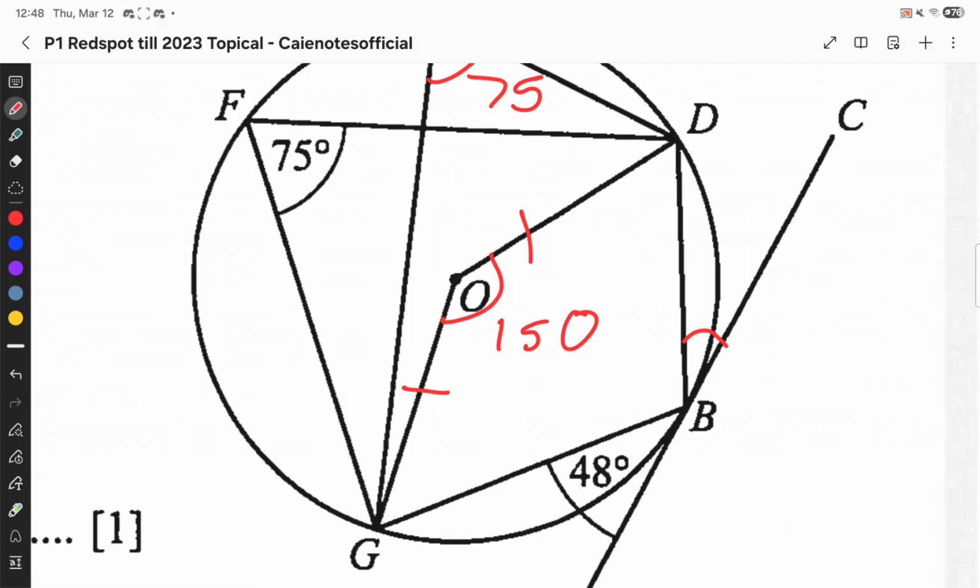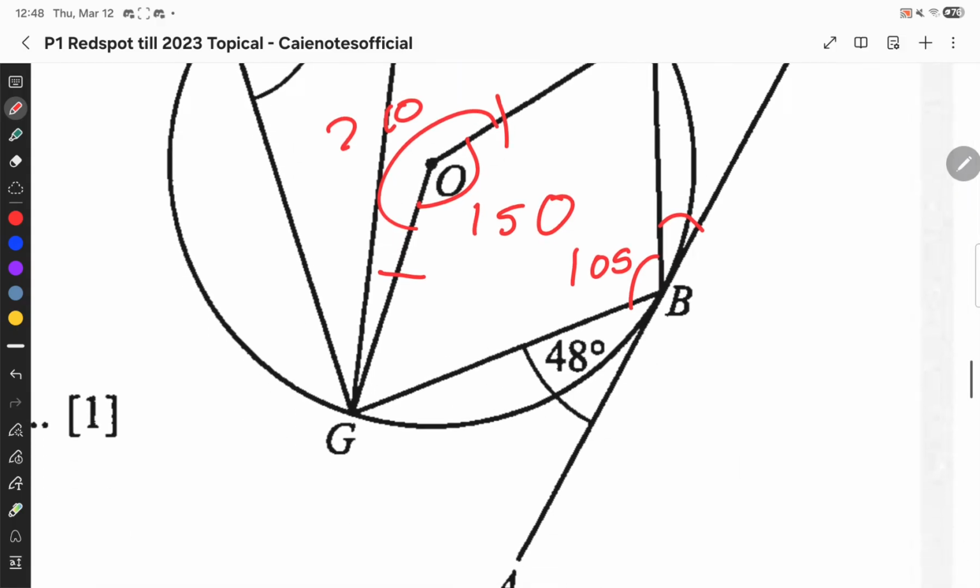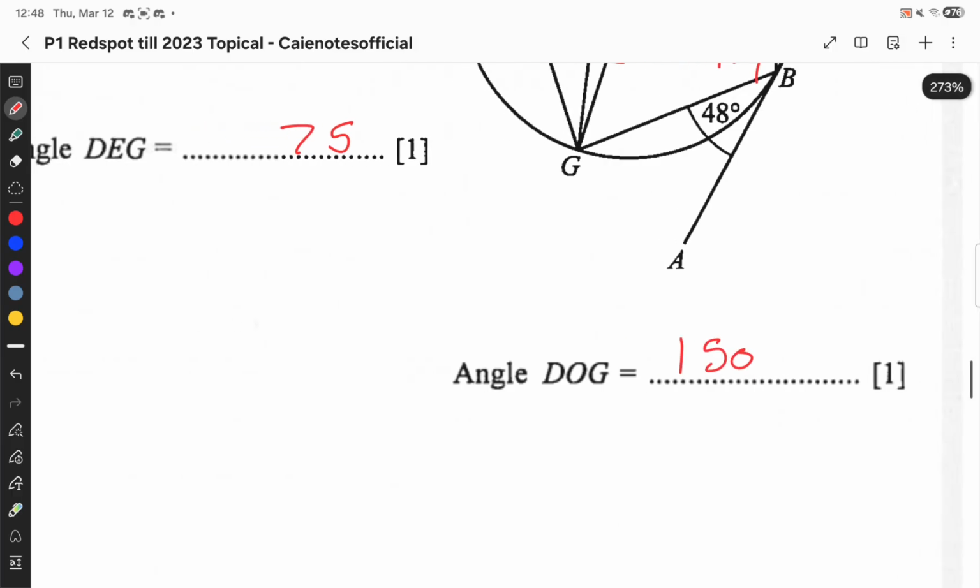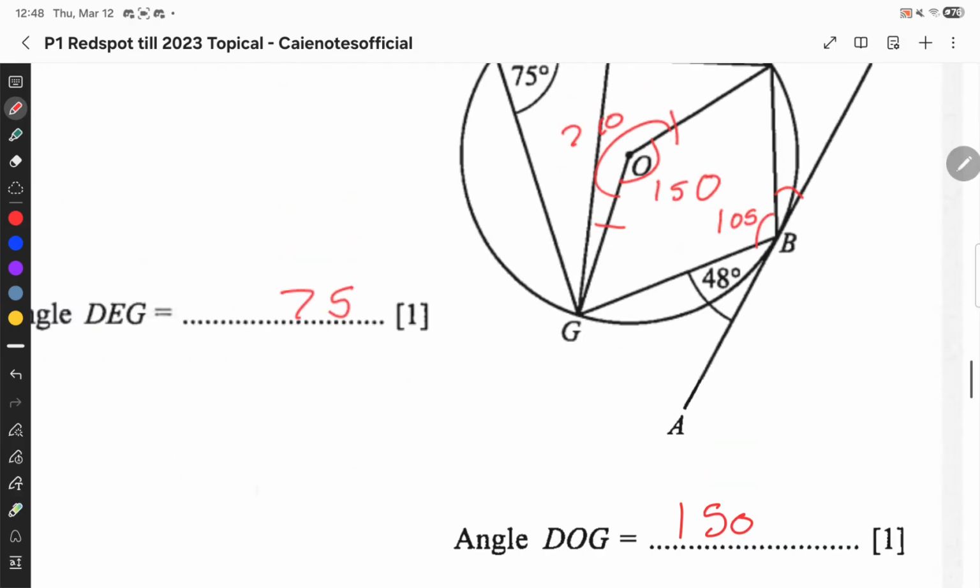I'll just tell you the quick one. Find the reflex angle. This is 360 minus 150 equals 210. 210 divided by 2 is 105. Then we fill this. This is 180 minus 105 minus 48, which is the remaining angle, 27, and that is the final answer, 27.